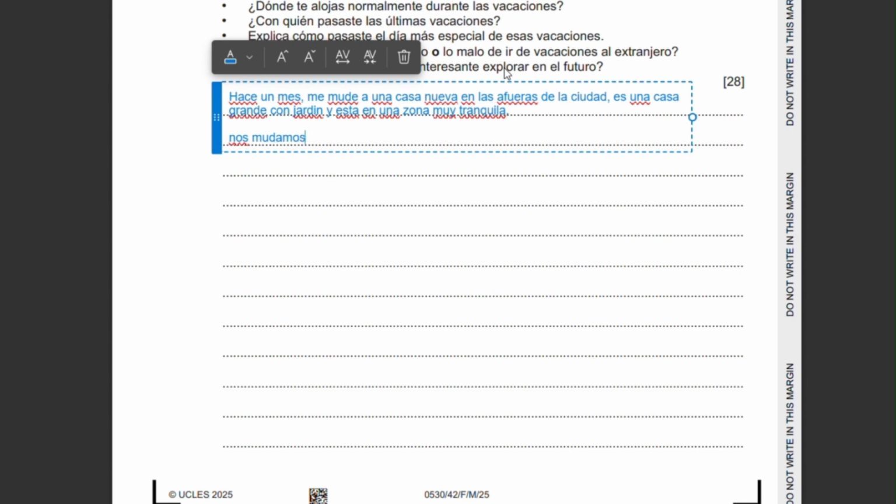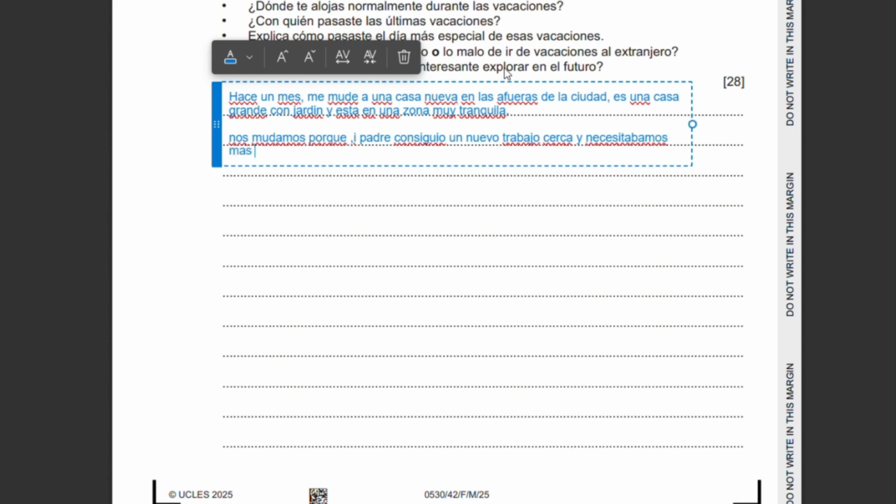Nos mudamos porque mi padre consiguió un nuevo trabajo cerca. Necesitábamos más espacio para la familia.